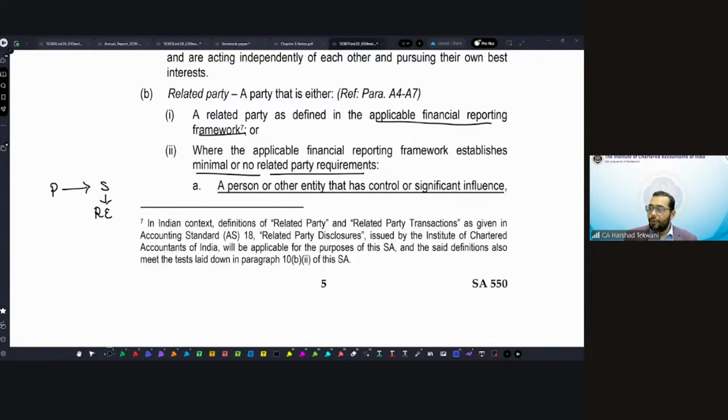See, today I'm showing a profit in my company, which is a pumped up profit because I'm showing a transaction which is not at the arm's length price. I'm showing this to show a good picture. Whenever I say it's not at the arm's length price, it is at the benefit of the company. Yes, it's a problem because it will not give you a true and fair presentation of the financial statements.